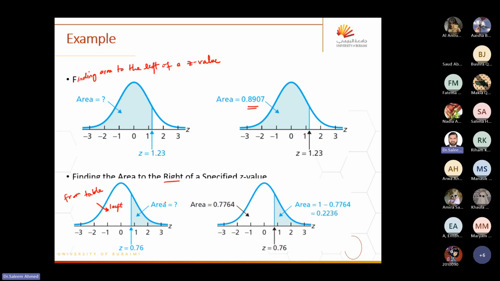So what I will do is subtract the left area from 1, because the total area is 1, and I will get the area on the right. If you look at this one, it is 0.76. If you look at 0.76 in the table, you will get 0.7764. So you subtract 1 minus 0.7764, and this is the area to the right.